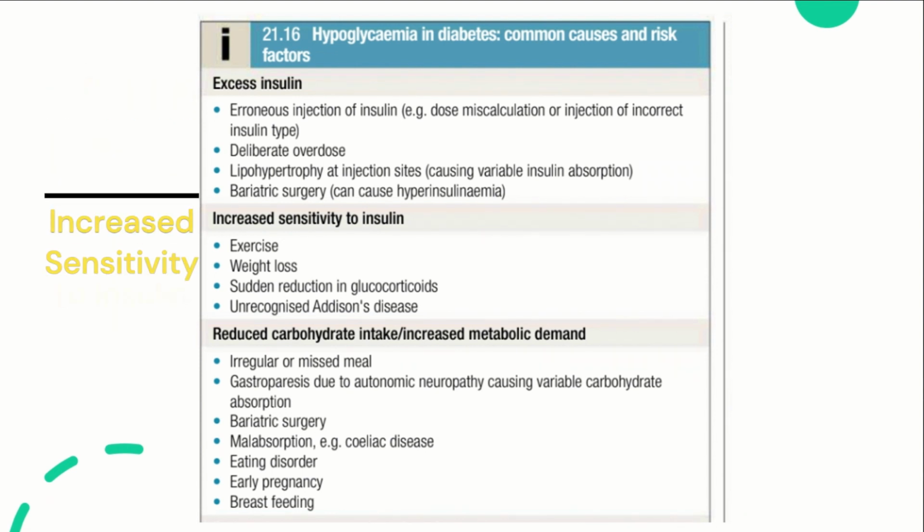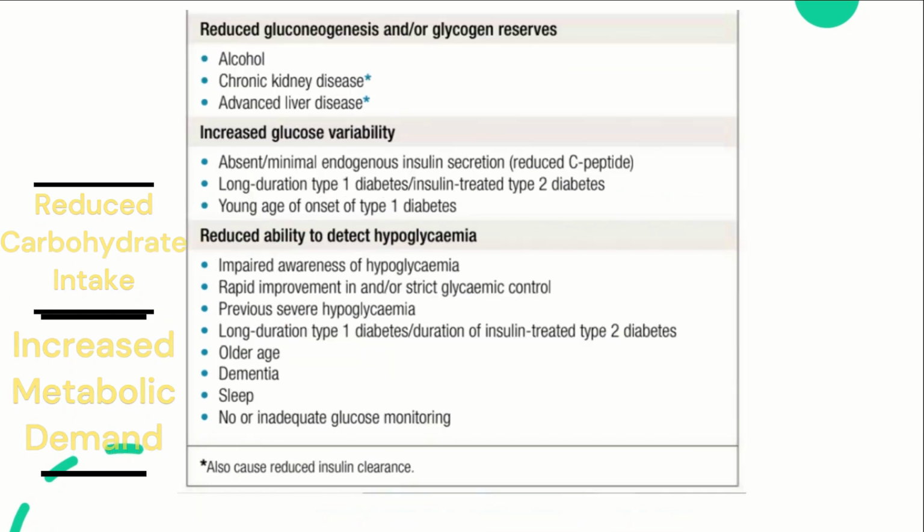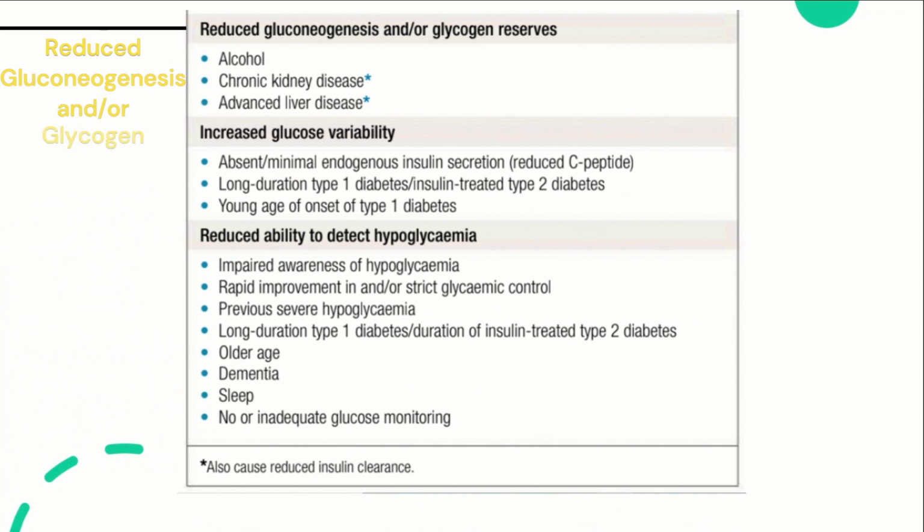Due to increased sensitivity to insulin, such as exercise, weight loss, sudden reduction in glucocorticoid, unrecognized Addison's disease. Due to reduced carbohydrate intake or increased metabolic demand, such as irregular or missed meals, gastroparesis, bariatric surgery, malabsorption, early pregnancy, breastfeeding. Due to reduced gluconeogenesis and/or glycogen reserves, such as alcohol, chronic kidney disease, advanced liver disease.